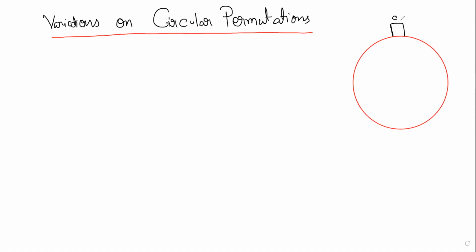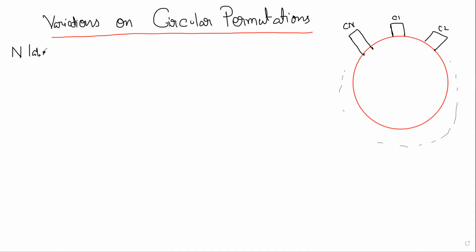Let's say you have chair number 1, chair number 2, dot dot dot, chair number n. So n chairs, n labeled chairs.